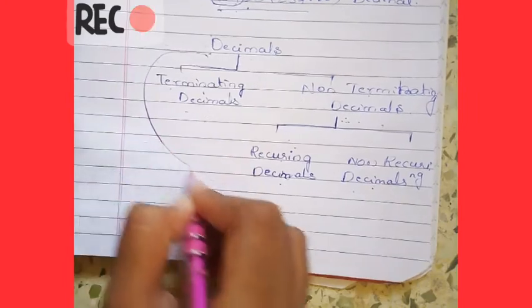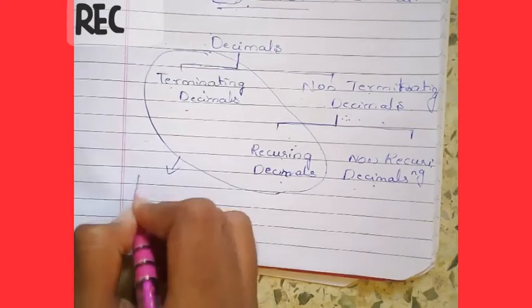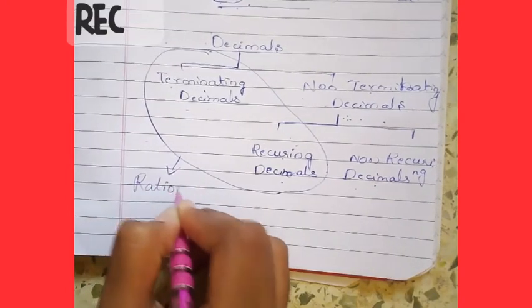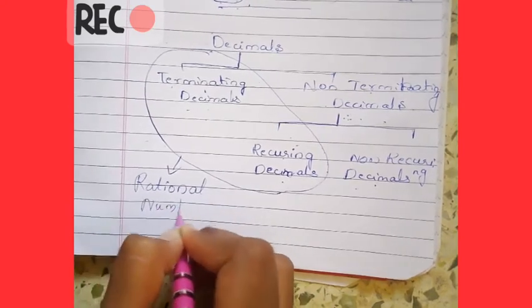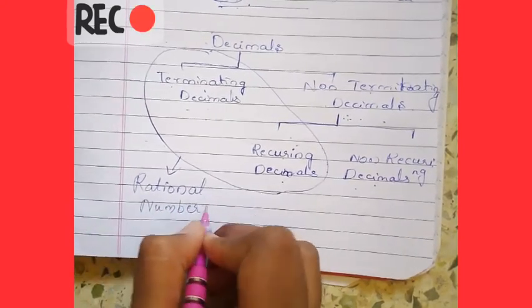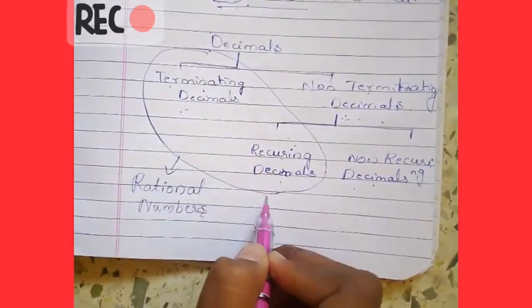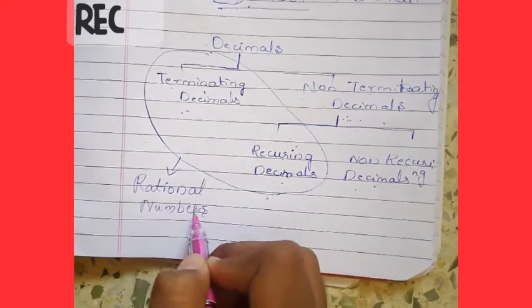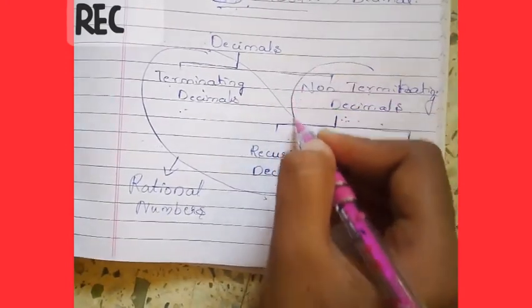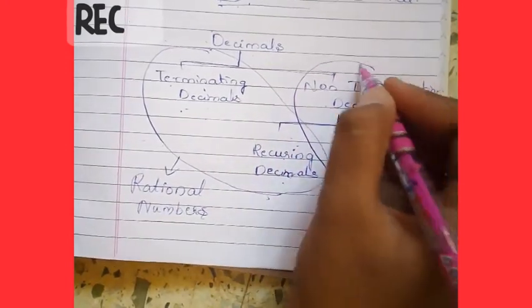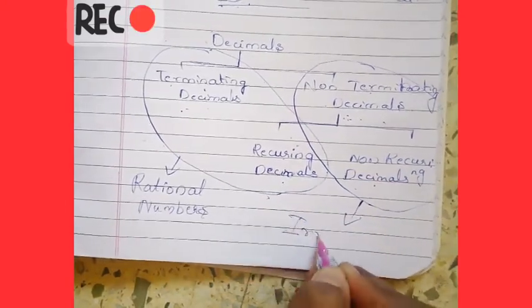Terminating decimals and recurring decimals are rational numbers, and non-terminating and non-recurring decimals are irrational numbers.